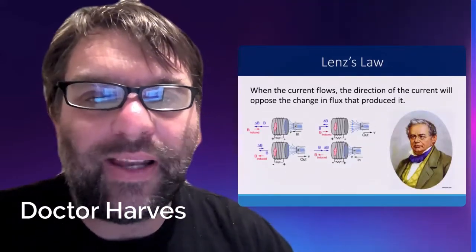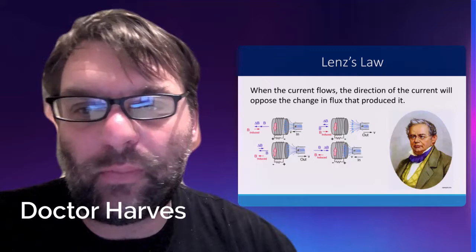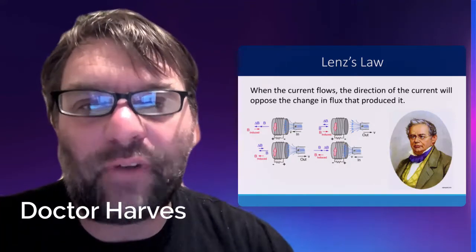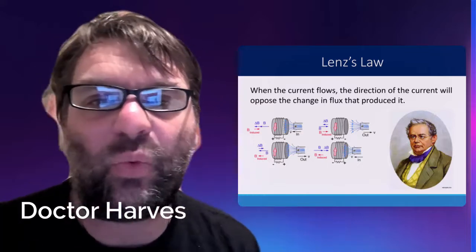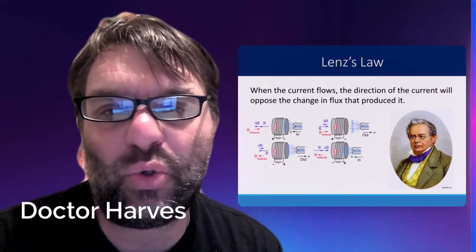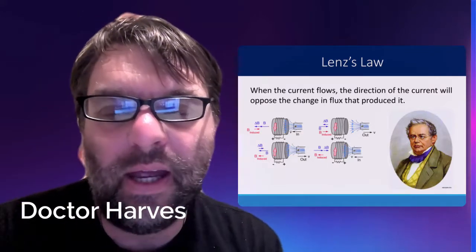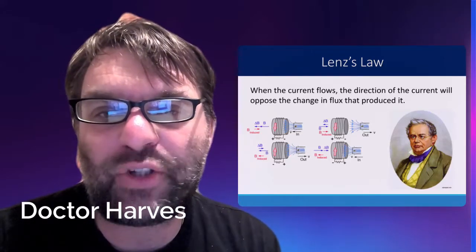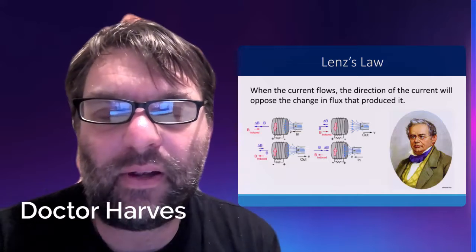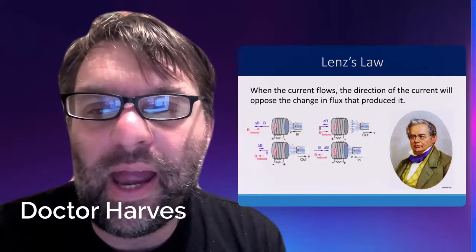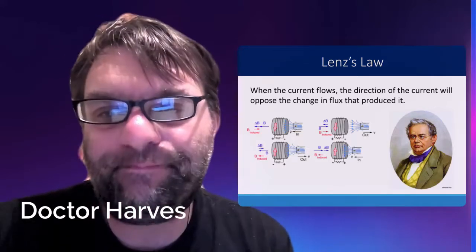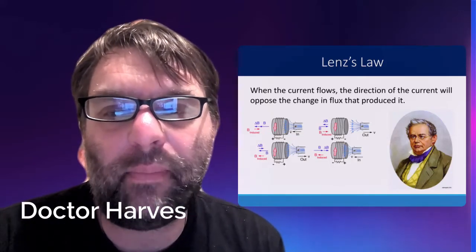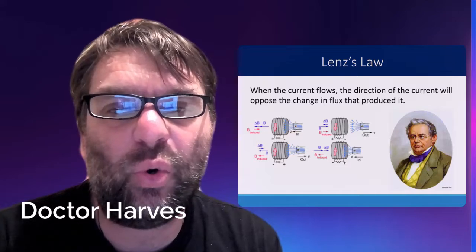Then we get to Lenz's law. Lenz's law becomes more important in the next lesson as well. Basically, when current flows, the direction of the current will oppose the change in flux that is produced. You can see that in the diagrams there. An induced coil will create its own magnetic field as the magnet passes through it, and that magnetic field will be in opposition to that of the original magnetic field that's moving through it or away from it.